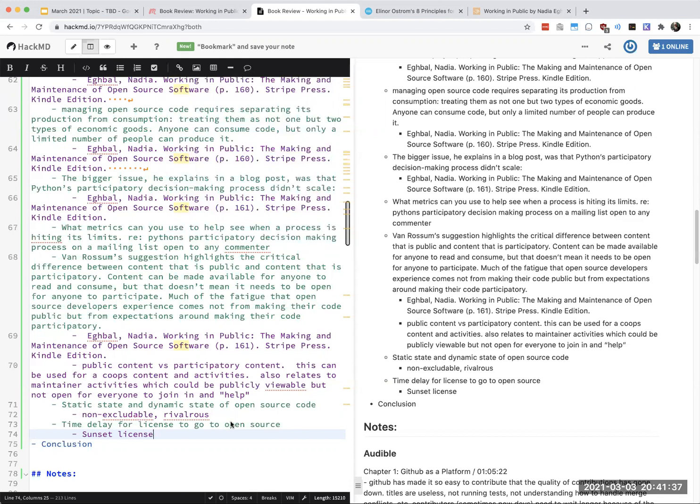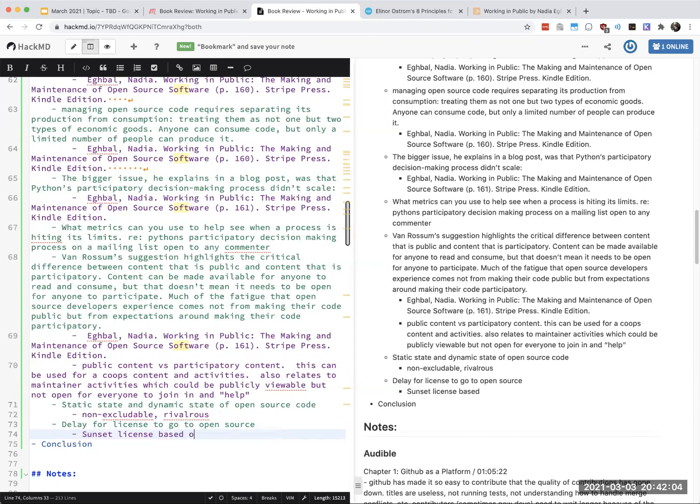So you can pay for basically the last 18 months of work and get it right now, or you can wait 18 months. So it's a sunset license based on commit instead of time.